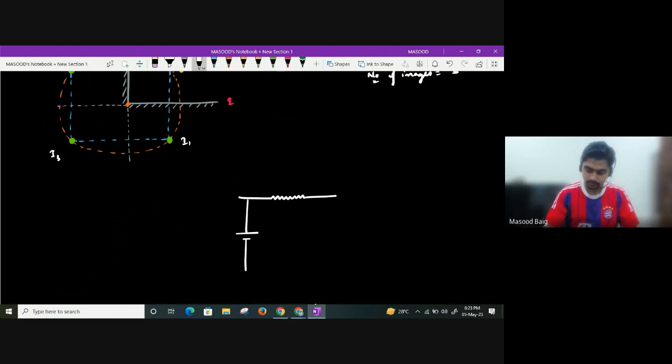So the diode is given something like this. We have a resistor here, and we have a diode over here. So potential difference across this is V, this is R, and potential difference across the resistor happens to be VR.